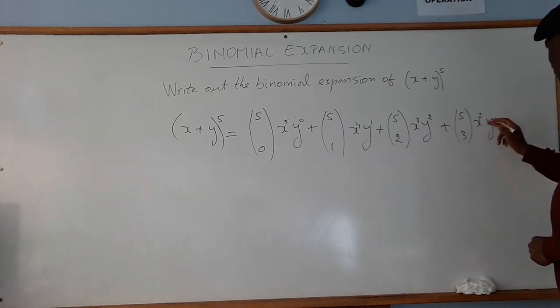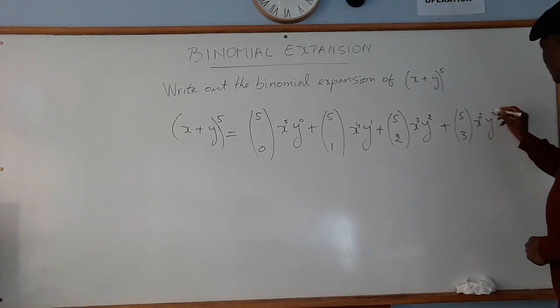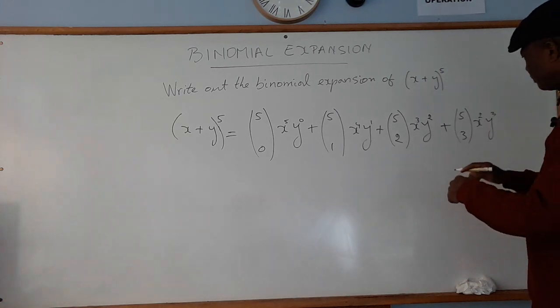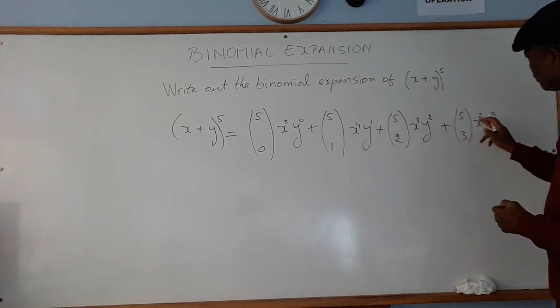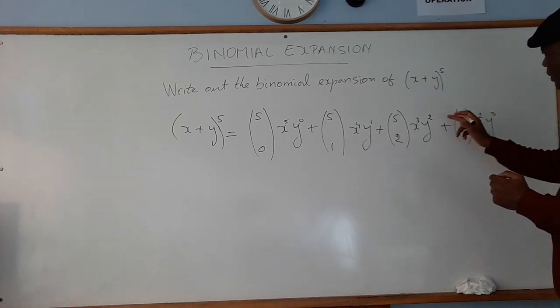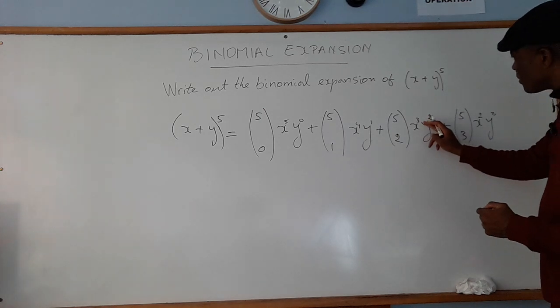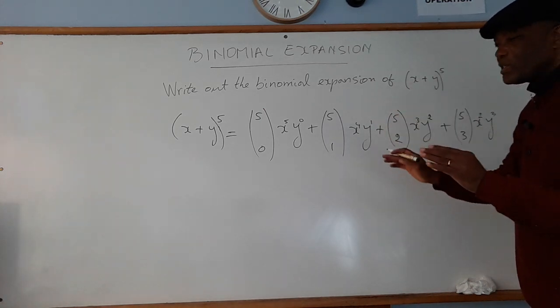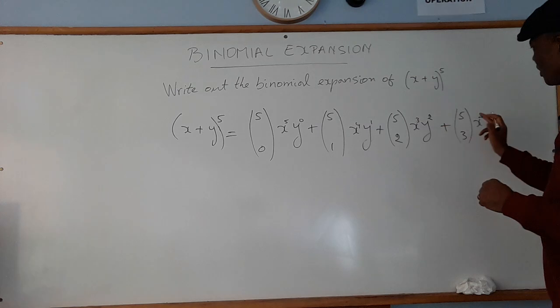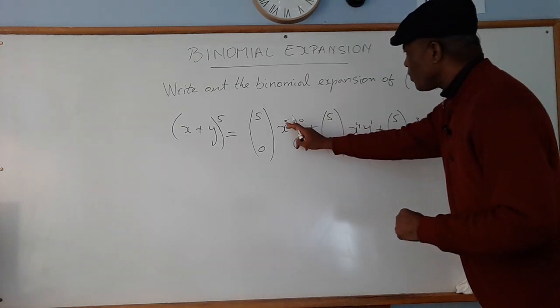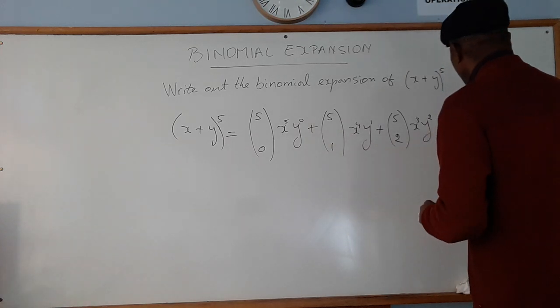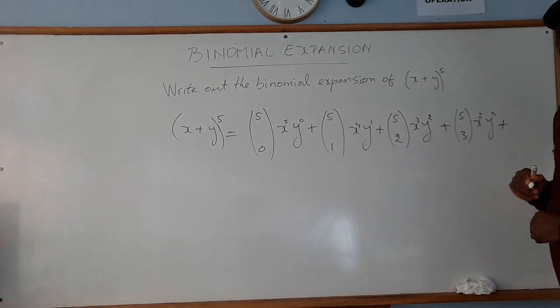And the power of y will be 3. I come back again to tell you that we make sure that the sum of the powers is always 5. 3 plus 2 is 5, 2 plus 3 is 5, 4 plus 1 is 5, 5 plus 0 is 5. And then the next term.